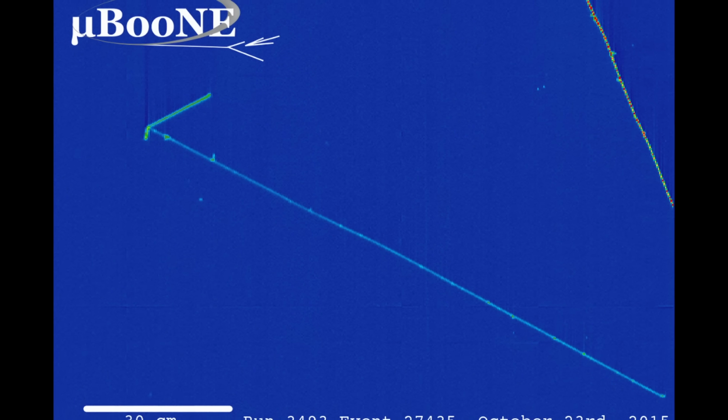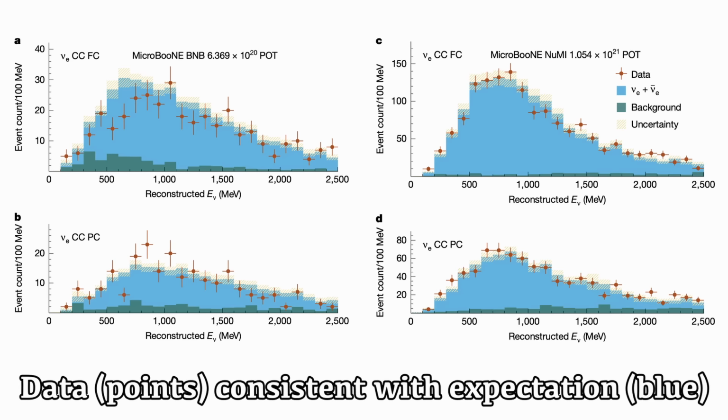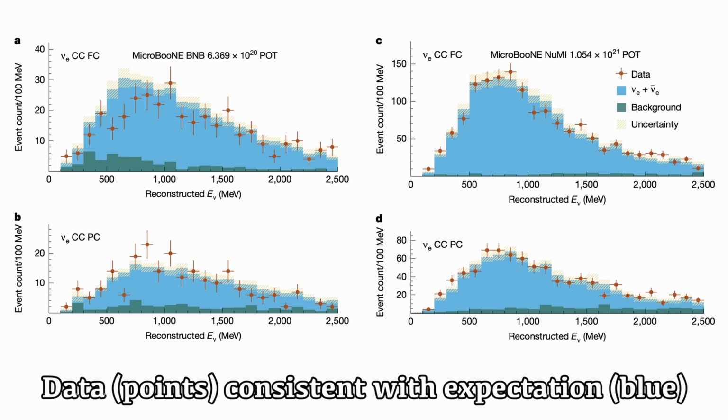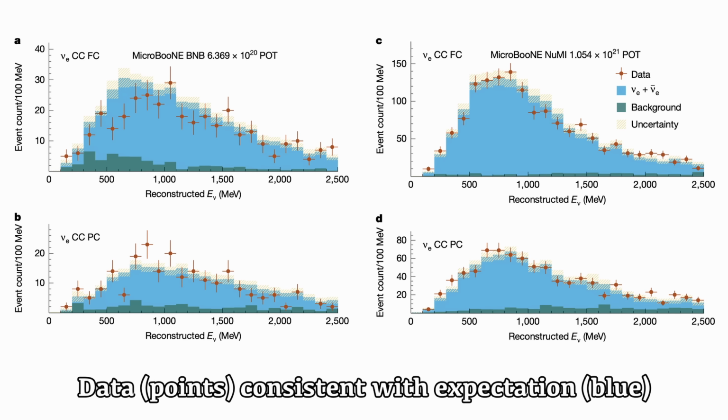These charged particles ionize the argon along their track, but the charged particles will leave a different signature to what electrons would leave. Sterile neutrinos predict extra electrons specifically, and MicroBooNE was finally able to tell them apart. What did they find? They did not find an excess of electrons, so no sterile neutrinos.